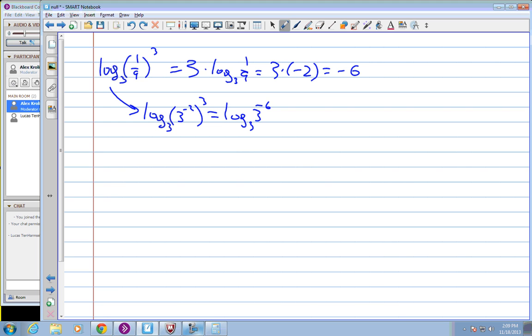Well, what is the change of base formula? In general, if you have log base a of x, what is that equal to, where b is whatever you like?